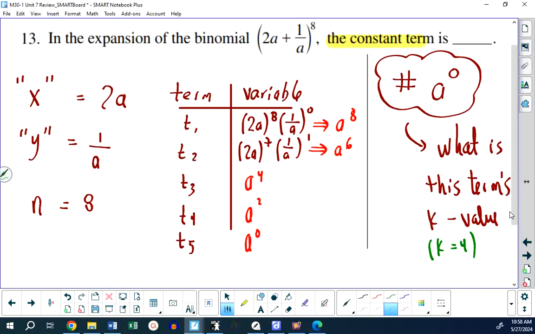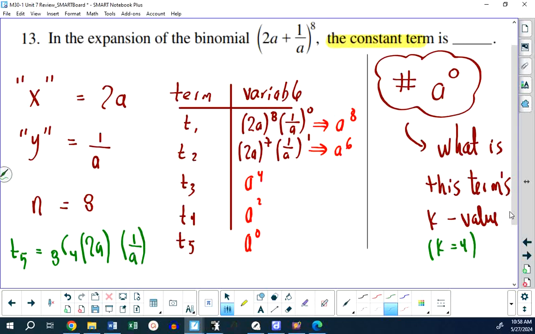Okay. So the term that we're after, which had better be a constant term, we'd better get a constant number out of this, will be n, which is 8. Choose our key value for the term, which is 4. We're going to have 2 times a. We're going to have 1 over a.